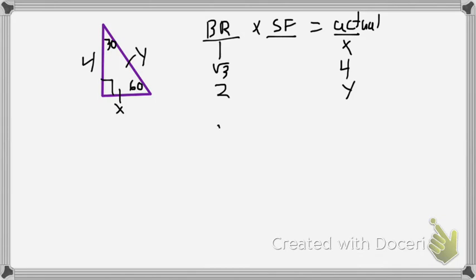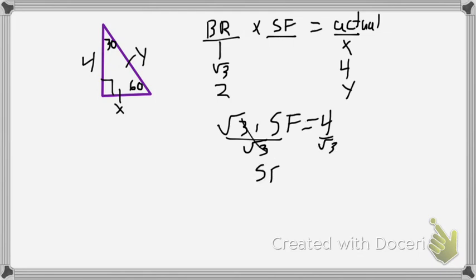So notice what we have here. We know that the square root of 3 times our scale factor is going to equal 4. So we're going to divide both sides by the square root of 3. And we get our scale factor as equal to 4 over radical 3. Again, radical 3 is not a rational number, so we need to rationalize our denominator by multiplying by the square root of 3 over the square root of 3.